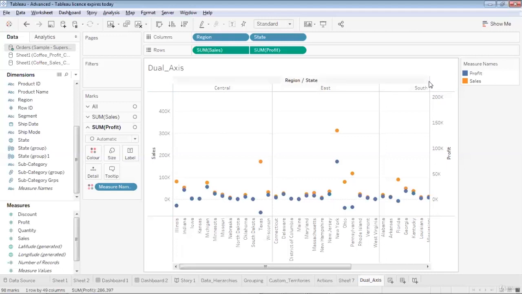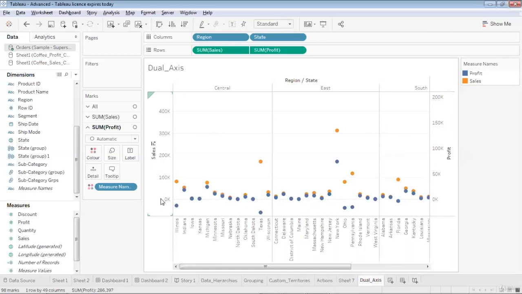Now you will see in case of sales, all the values are quite above 0k, meaning almost all the sales are at least positive. But in case of profit, there are some values which are negative. Had there been only one scale, either only sales or only profit, the scale would have been adjusted based on one measure only.